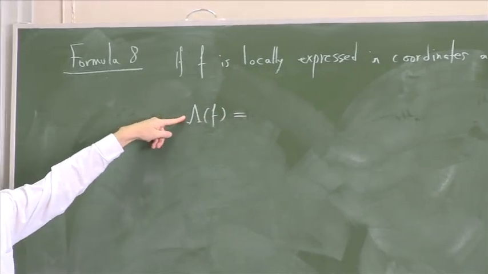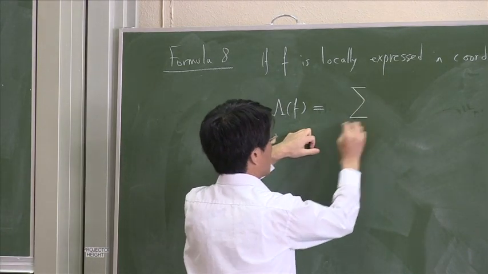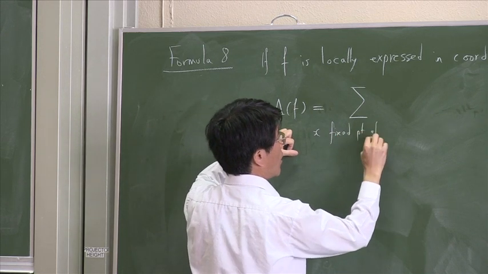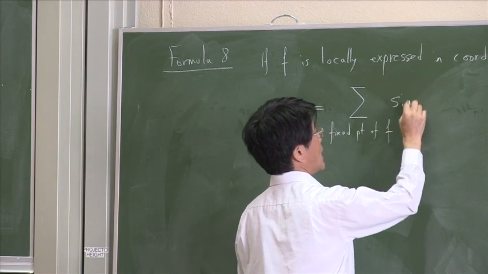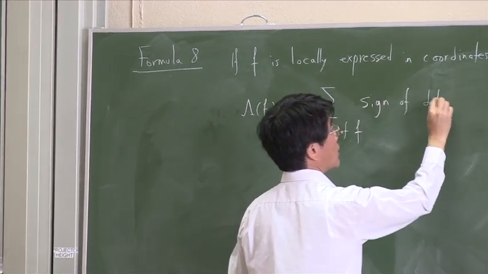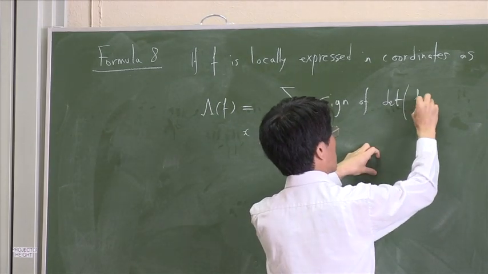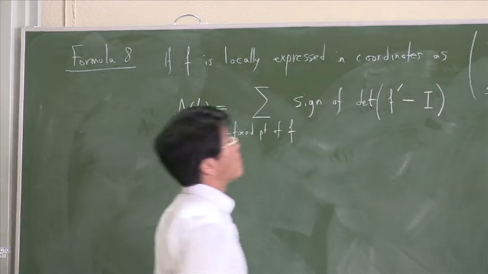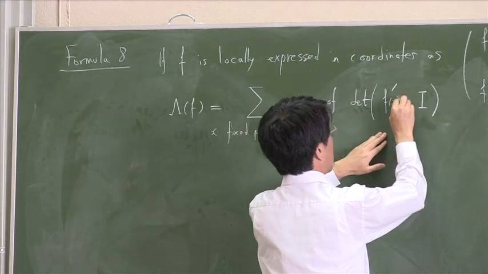You remember what this letter is? Capital lambda, that's right, is equal to the sum over all the fixed points of the function. So you have to find the fixed points still, unfortunately, but you will see how this simplifies in practice. And then you calculate the determinant, as you have guessed because it has to do with orientation, of the following quantity: f prime minus I. And this f prime is calculated at x.